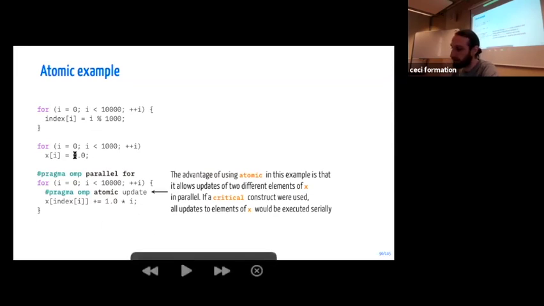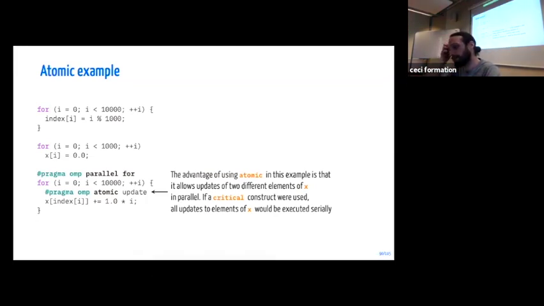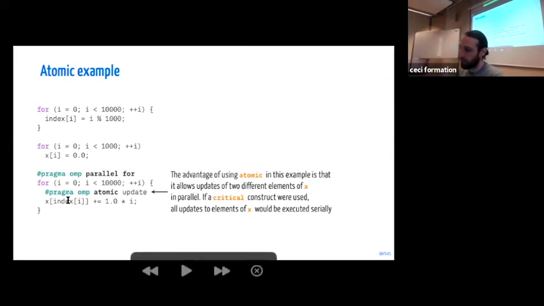So the advantage of atomic in this case is that we can update multiple values at the same time because we are just interested in a particular index. This is a good way to exclude other threads, but way better than critical.